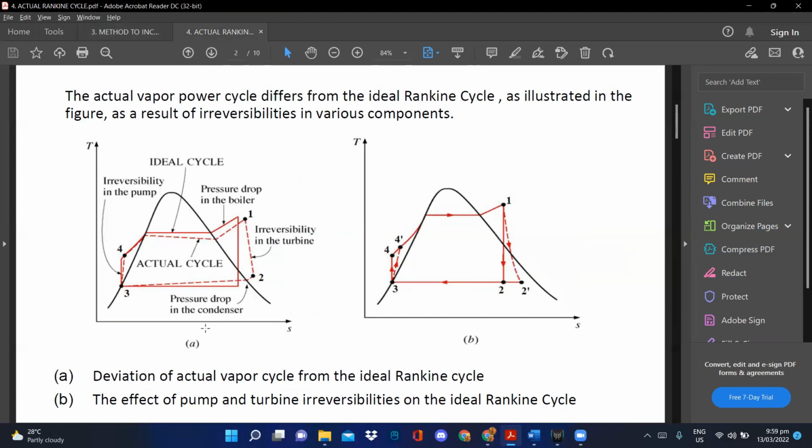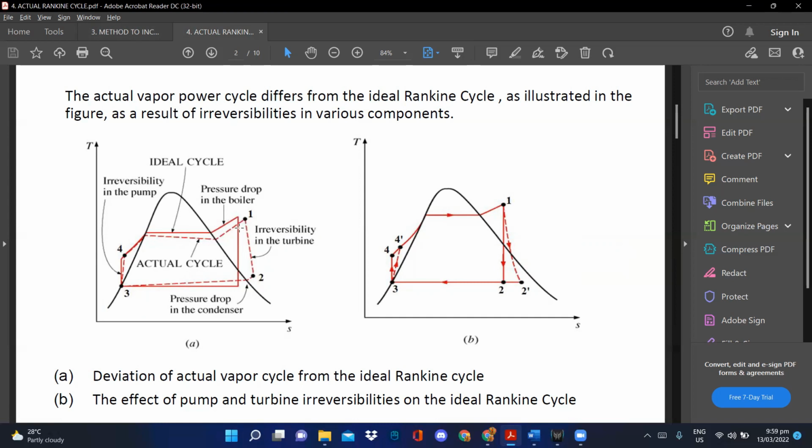So here in letter A, in figure A, this is a deviation of actual vapor cycle from the ideal Rankine cycle. Those dashed lines represent your actual cycle, and those solid lines represent your ideal cycle.